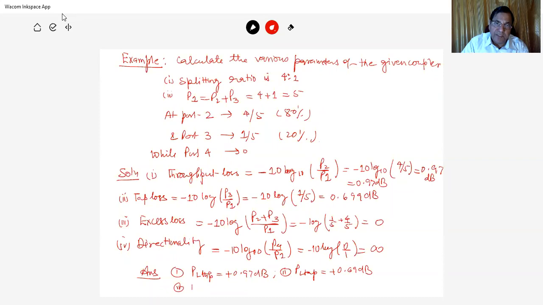And PL excess is 0. And PLD directionality is infinity. So in this way, we can have the various concepts of the coupling and the efficiency of the coupling.